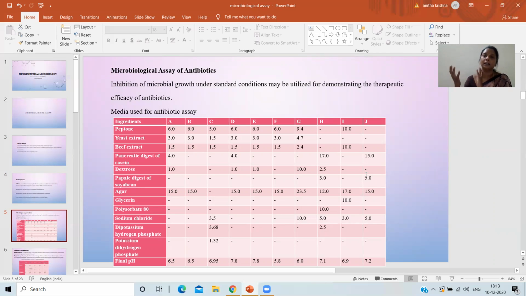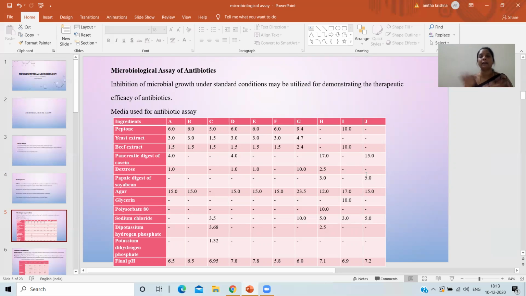A precise standard antibiotic solution is taken according to different standards like Indian Pharmacopoeia or British Pharmacopoeia, and then you prepare the concentration of the solution of an antibiotic which has to be tested, and this is compared with that.